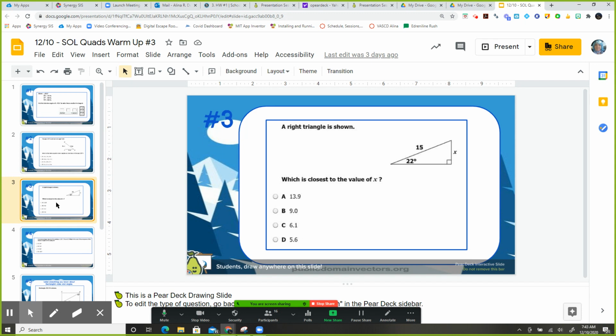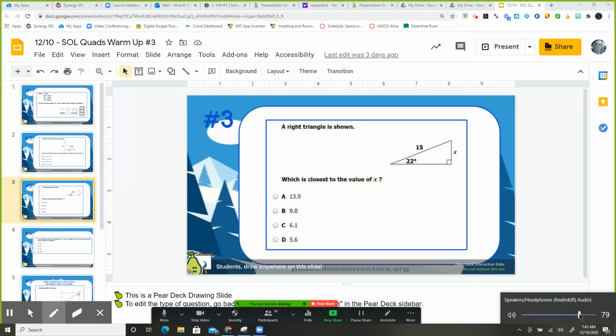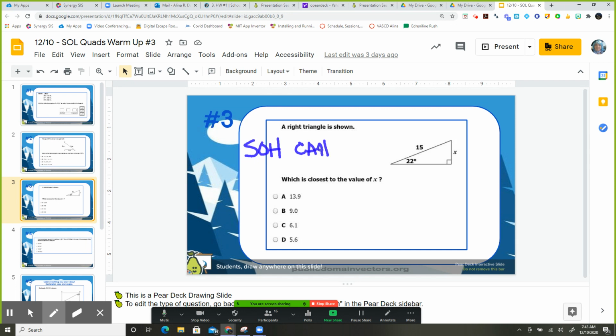Our trig, what do we have to remember with trig? Sine, cosine, or tangent. Exactly. So SOH, CAH, and TOA. So how do I get the SOH, CAH, and the TOA? Talk me through it.